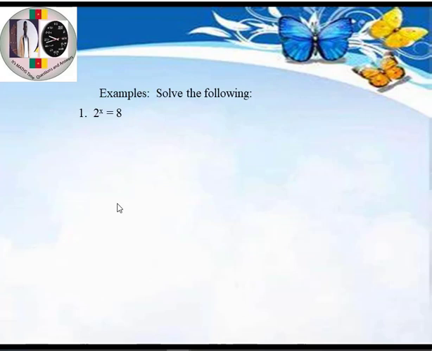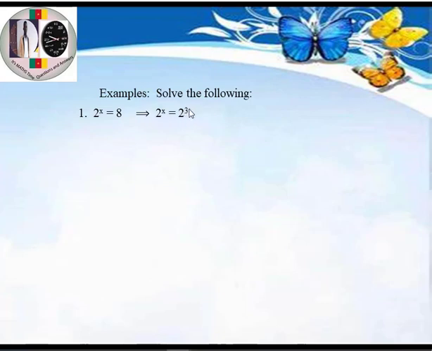So 2 power x is equal to 8. If we look at this equation, 8 can also be transformed into base 2. So 8 is the same as 2 power 3. So we are going to have 2 power x equals 2 power 3. But the law of indices says that if the bases are equal, then the powers are equal.